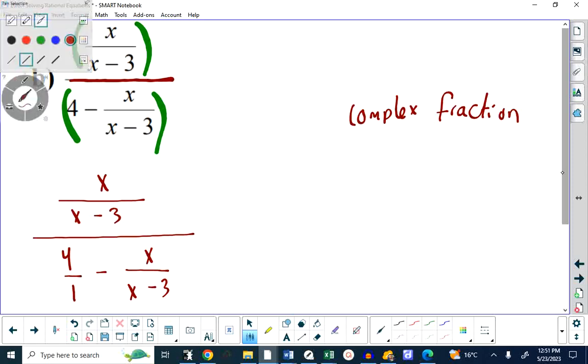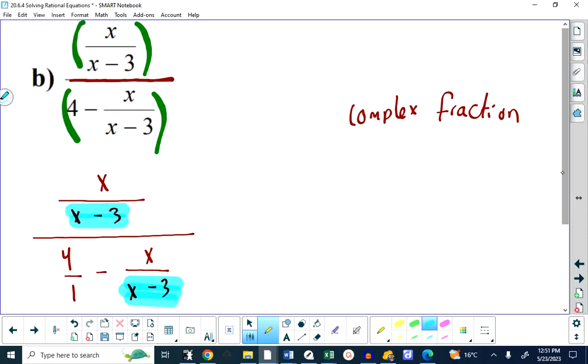I'm going to highlight the problem with this, the pests, the things that are getting in the way of us really cleaning things up. Those are the things I've highlighted, what I call mini denominators.